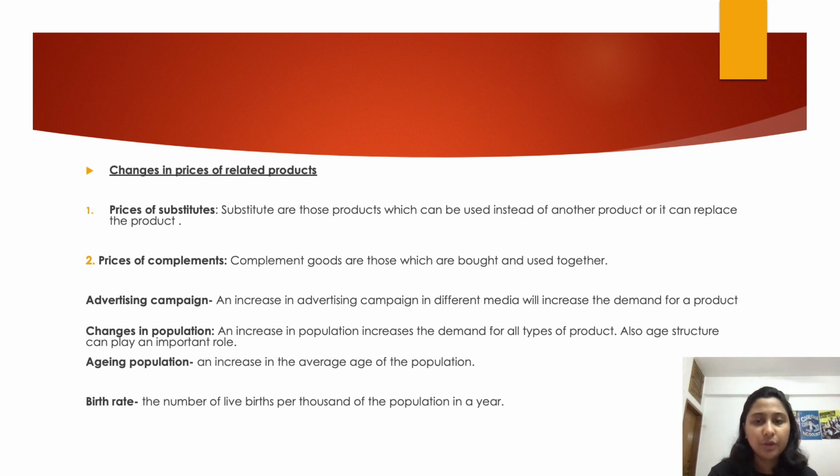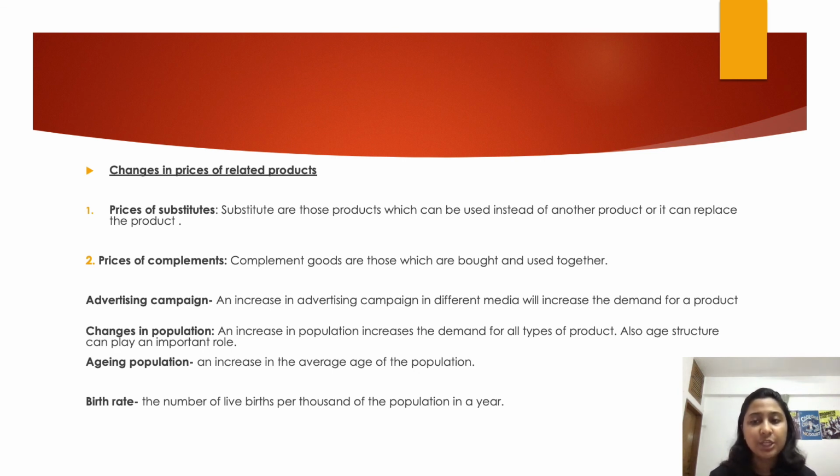Now we will be moving on to changes in population. An increase in population increases the demand for all types of products. How? Because if there are more people, they will buy more stuff and need more things, so this will increase the demand for all types of products. However, age also plays a very important role.